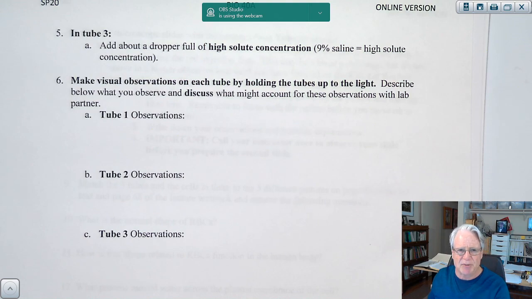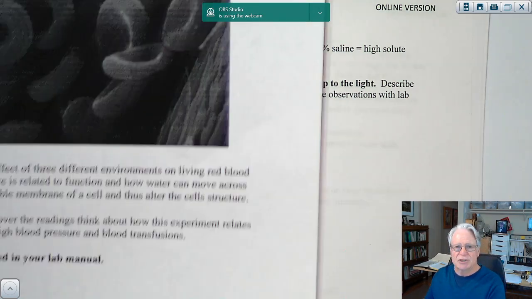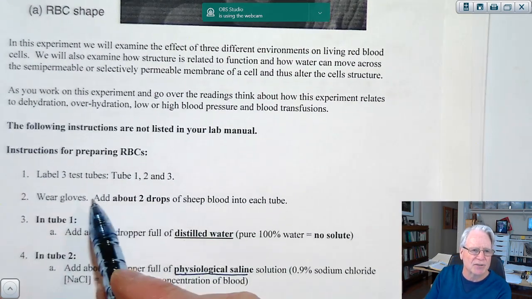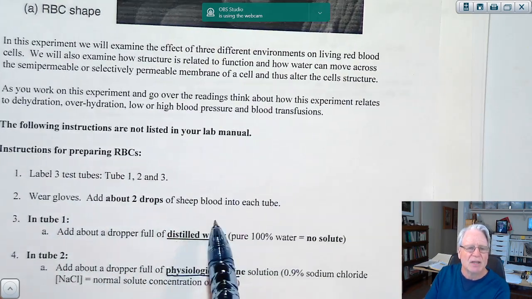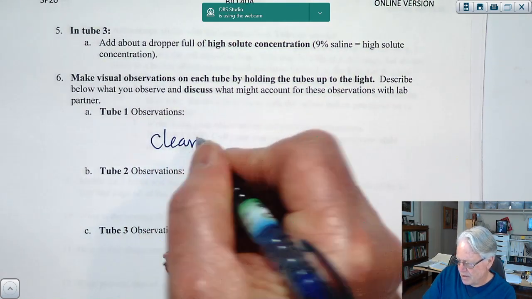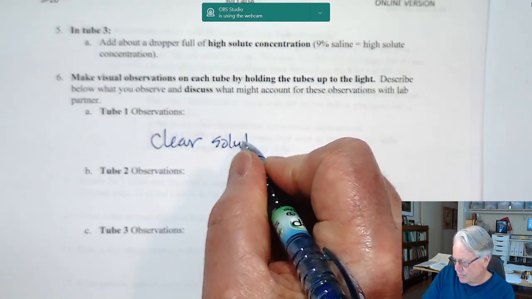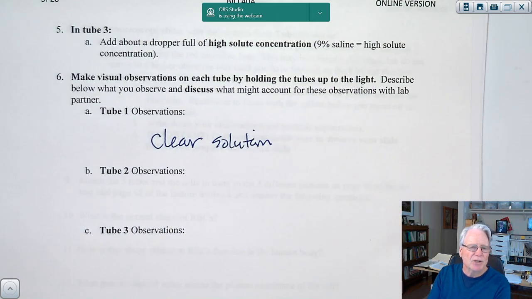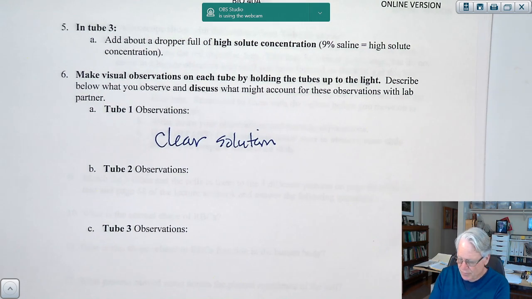All right, so then we're going to do some observations. If you had done this experiment, you would have noticed a couple of things. With the distilled water, that is the first test tube, what you would see is a clear solution. There would be no opaqueness to it. It would clear up. It would be red, a red color, but it would be very, very clear.